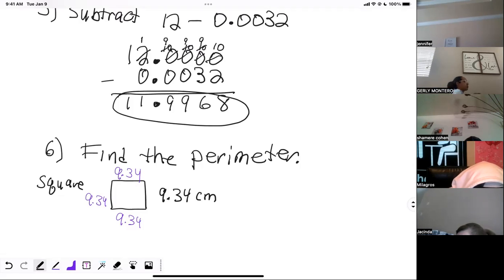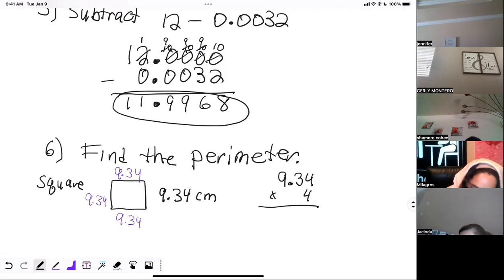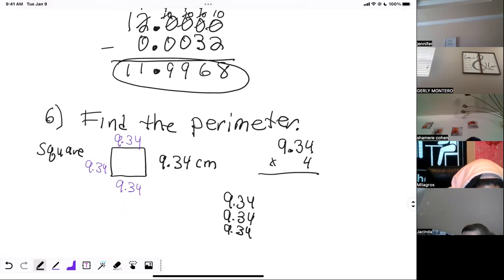So I have 4 sides of 9.34. Either you can add 9.34 four times, or I'm just going to multiply 9.34 times 4, because there's 4 of them. I'm multiplying by 4 because I'm adding 4 of them together. Or you could do 9.34, 9.34, 9.34, or do it in pieces.